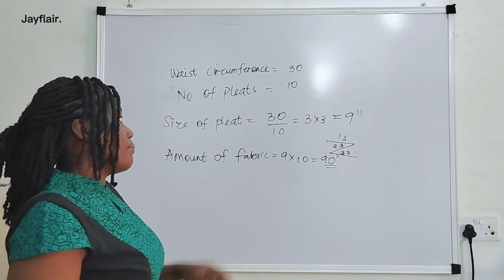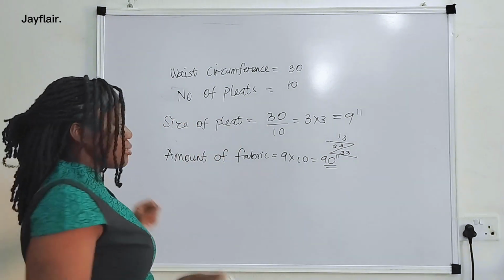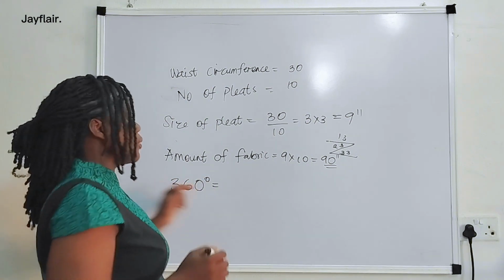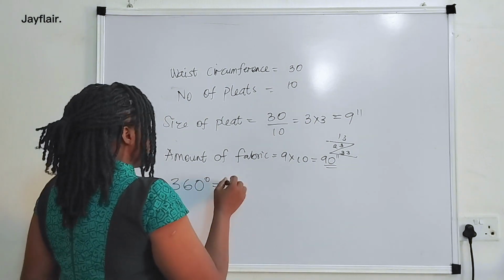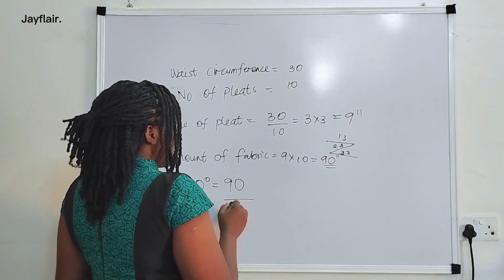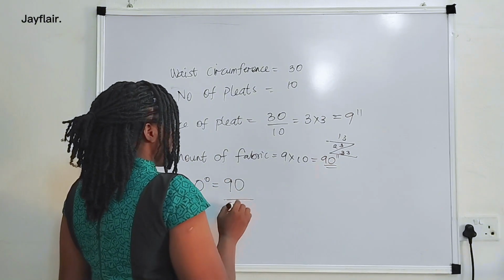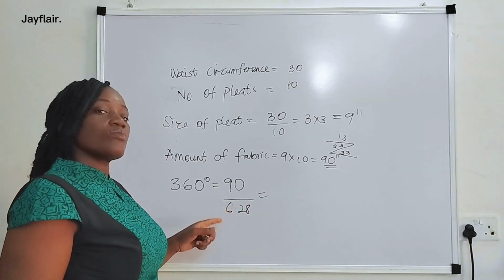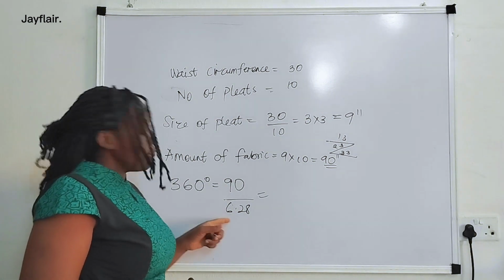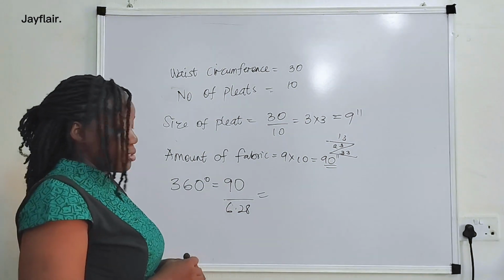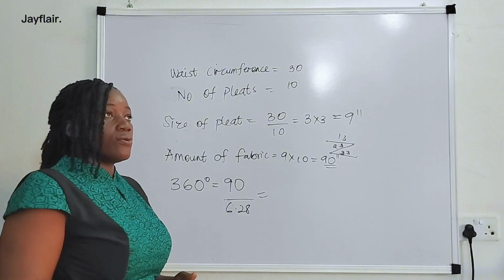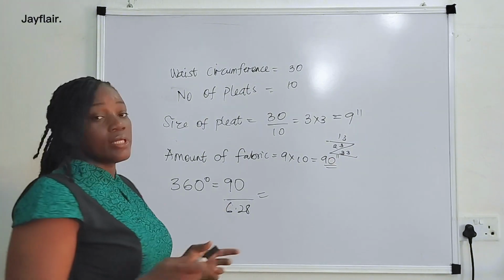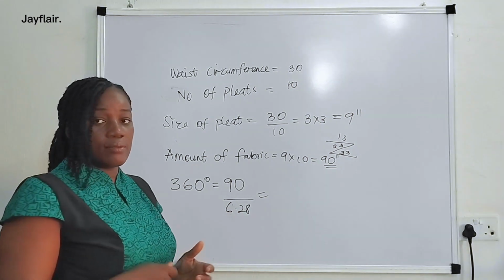Now, if I'm making a 360-degree circle, I'll bring the amount of fabric that I need, which is 90, divided by 6.28. So remember, if you do not know how to calculate for your circles, your 360-degree circle, your 720, your 90, and 180, I have a video on that in my channel.